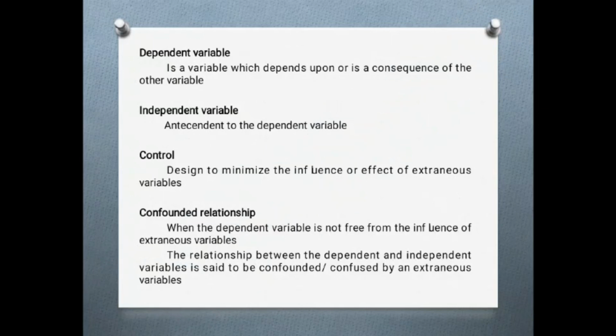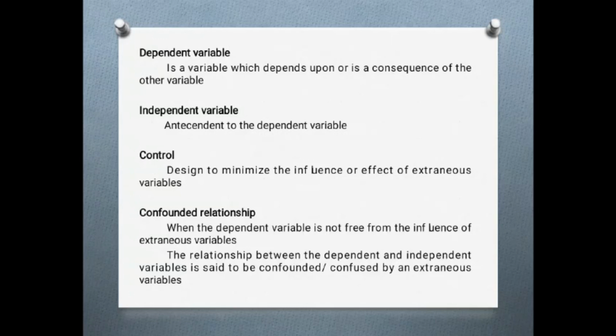Dependent variable is a variable which depends upon or is a consequence of the other variable. Independent variables are antecedent to the dependent variable. Control is designed to minimize the influence or effect of extraneous variables.